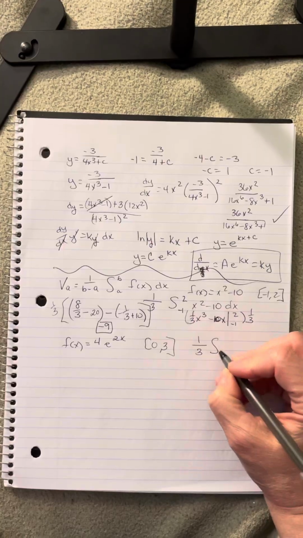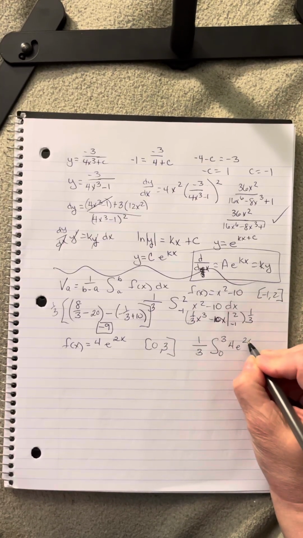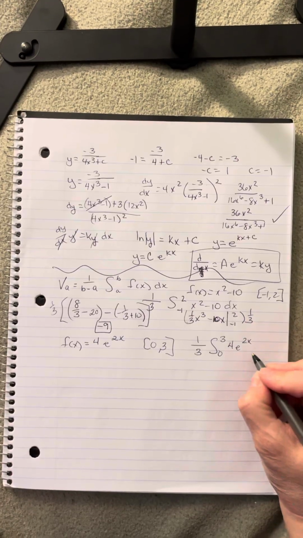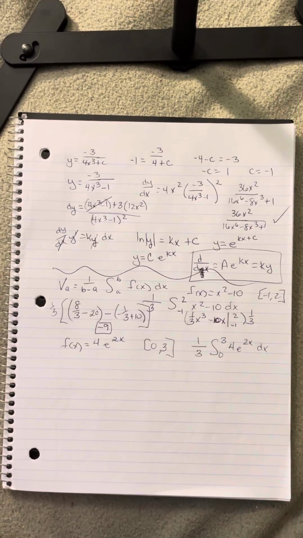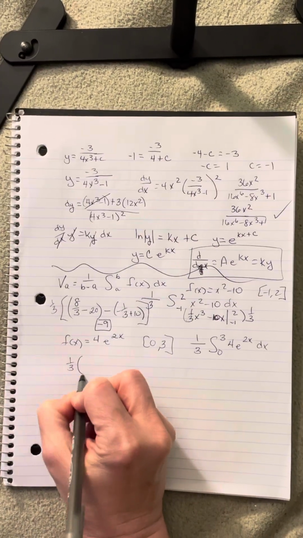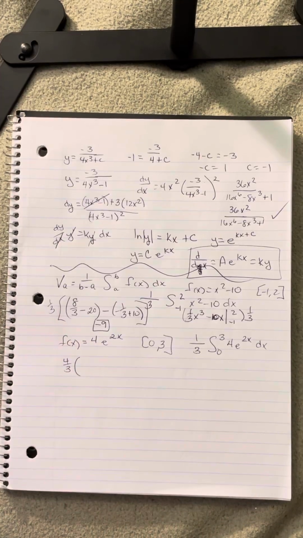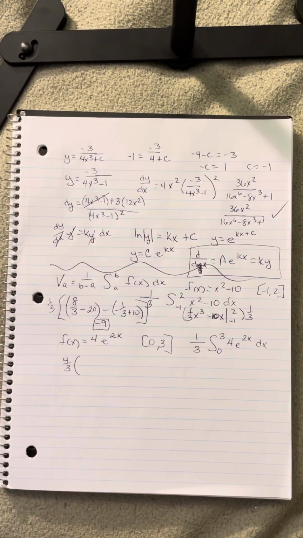Integrate from 0 to 3, the equation 4e to the 2x dx. And then the integration of that would give us the 1/3 multiplying with, 4 is a constant. Let me pull it out to make 4/3.